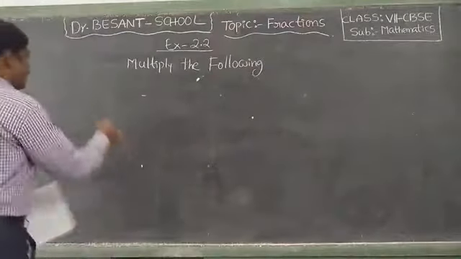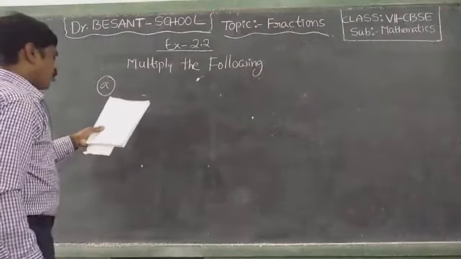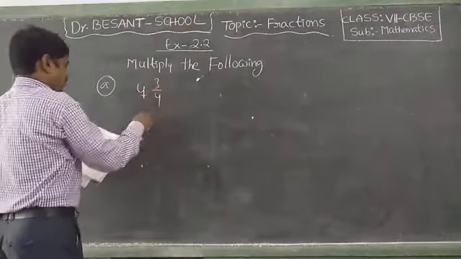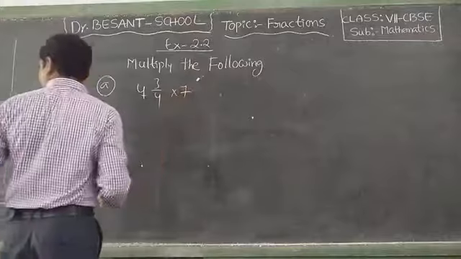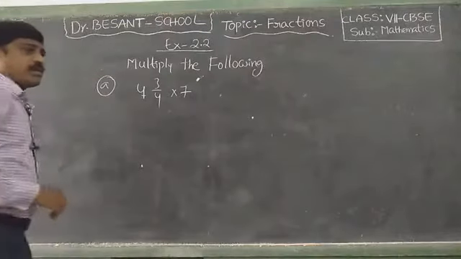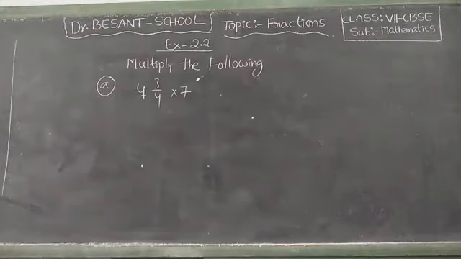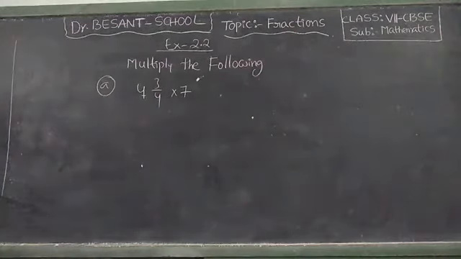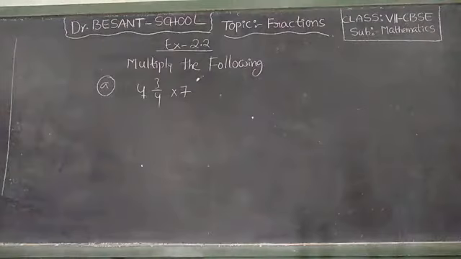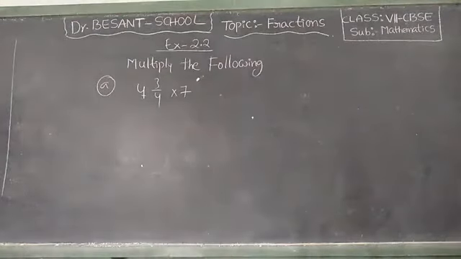Okay, so first, A: 4 and 3 by 4 into 7. 4 and 3 by 4 into 7. Children, just wait, please. Try to solve this one. Okay.